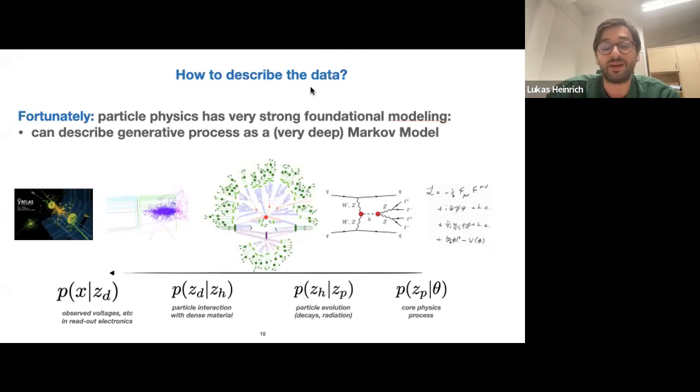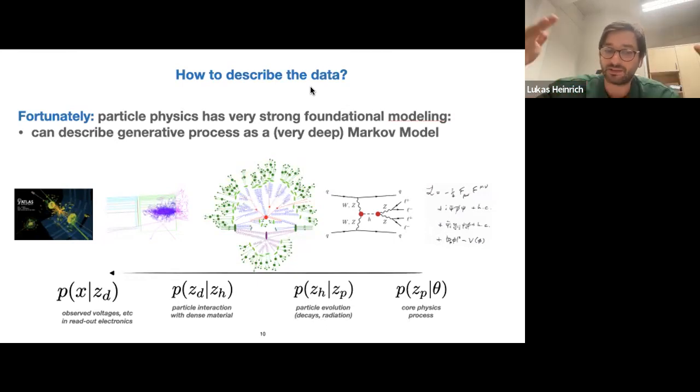So we can describe it as a very deep Markov model, like a generative process. We can describe what really happens at the point of collision. An initial set of particles gets created, and we can calculate, using quantum field theory, the probabilities of these different combinations or configurations of particles.